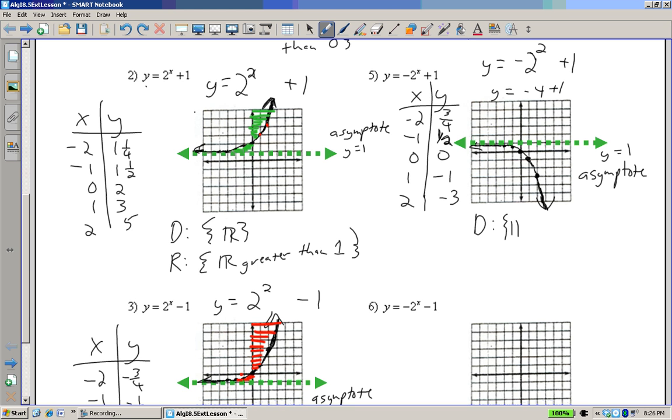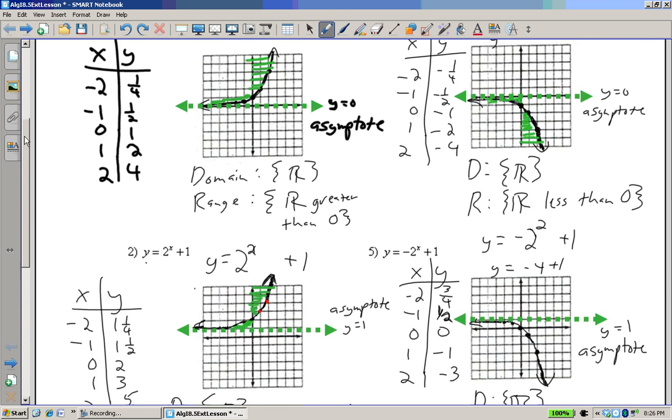So as far as the x values go, all real numbers. As far as the range goes, it's going to be all real numbers less than 1 here. Here's the positive 1. Just below that, I can assign values there to the y-axis. It's going to be all real numbers less than 1.